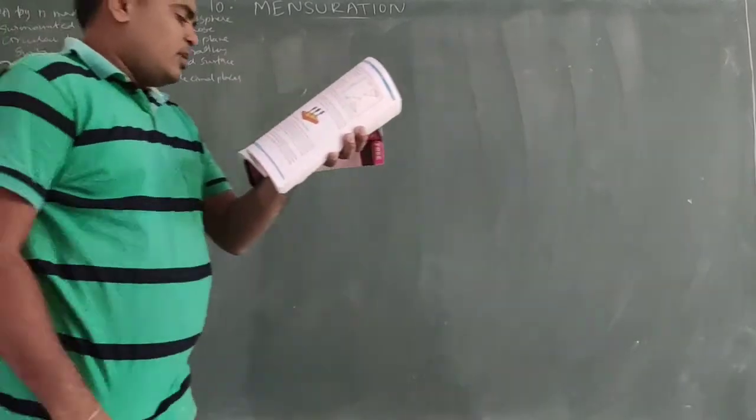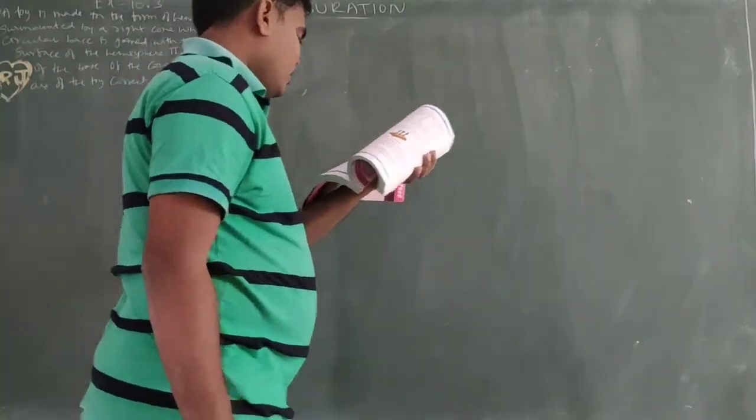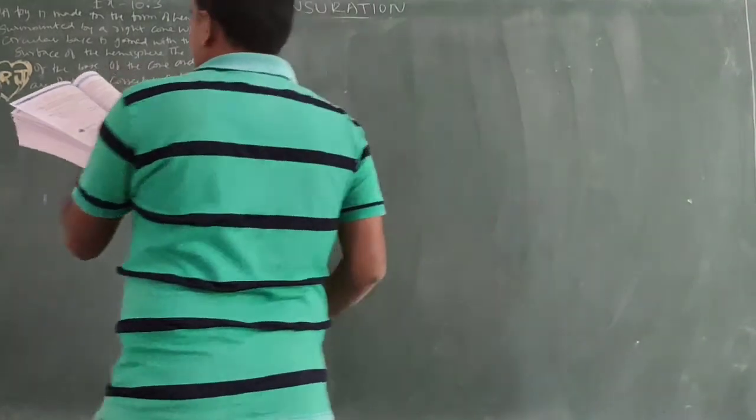Okay, so something is mixed here. One more time. A toy is made in the form of a hemisphere surmounted by a cone whose circular base is joined with the plane surface of the hemisphere.